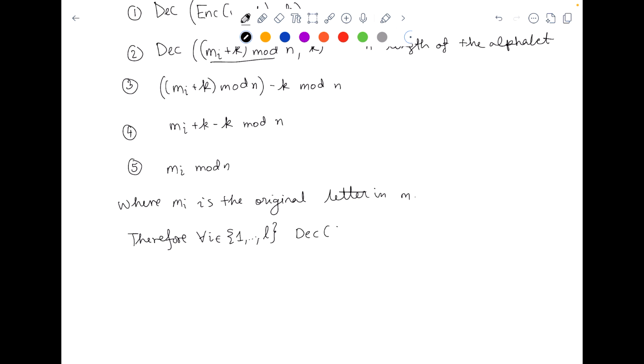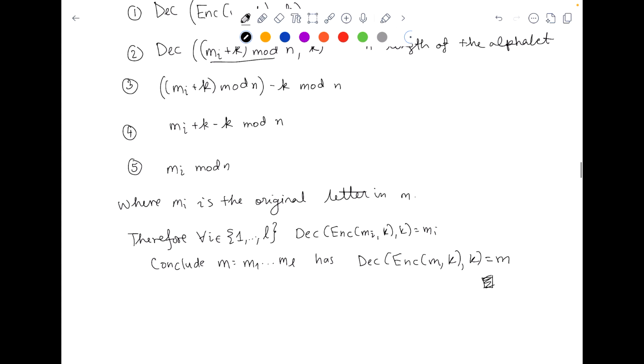We can say decrypt of encrypt of Mi, K is equal to Mi, and conclude that M, which is equal to M1 through ML, has decrypt of encrypt M, K is equal to M. And that's it. That's our proof.